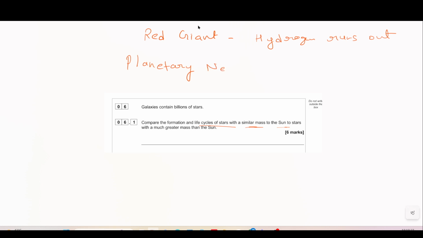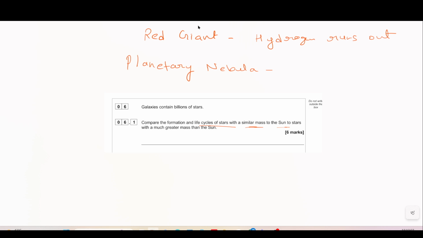Planetary nebula is the outer layer of dust and gas. They are ejected as the star becomes unstable.